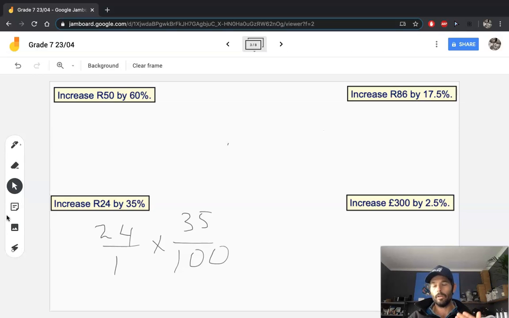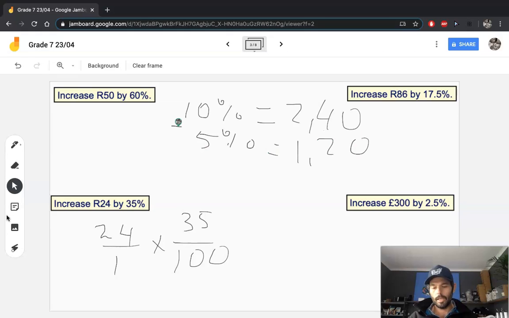Okay, so my alternative method: 10% is equal to 2 Rand 40. Therefore 5% is equal to 1 Rand 20. And if I know 10%, I can work out 30%, because I just multiply by 3, and 2 Rand 40 multiplied by 3 is 7 Rand 20.